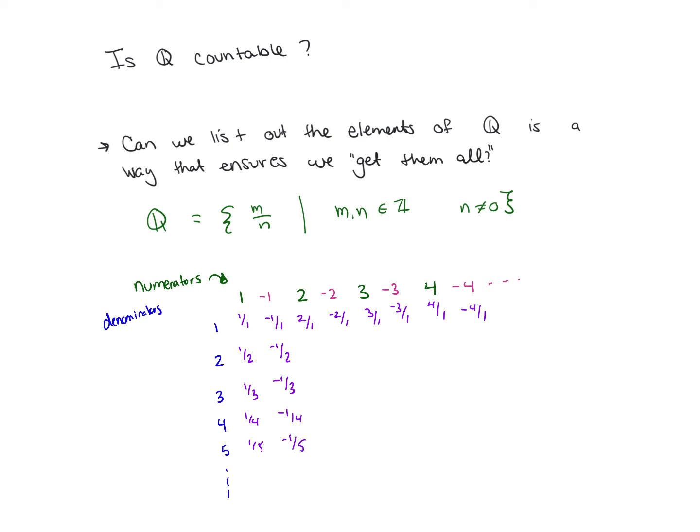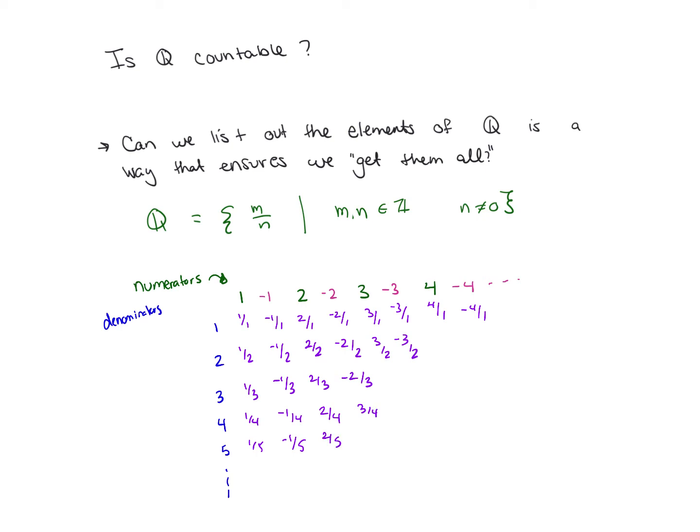So I want you to think for yourself, as we do this, are we definitely going to get all of the rational numbers here? Or are we going to run into some issues? Let me go ahead and plug in a few more of these as we go.